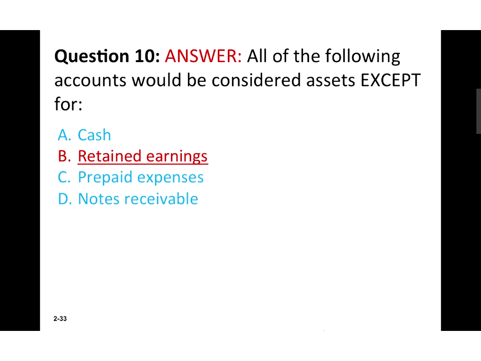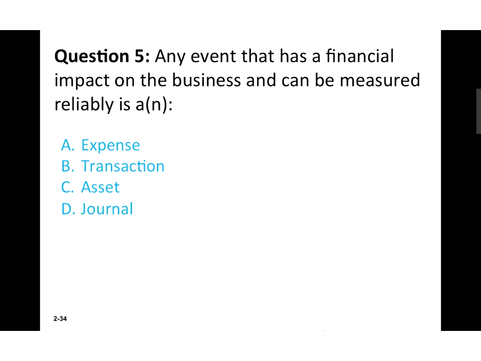Okay, retained earnings. Retained earnings is an equity account. Cash, prepaid expenses, and notes receivable are all assets. And then we have one more question before we go to the next learning objective. Any event that has a financial impact on the business and can be measured reliably is what?